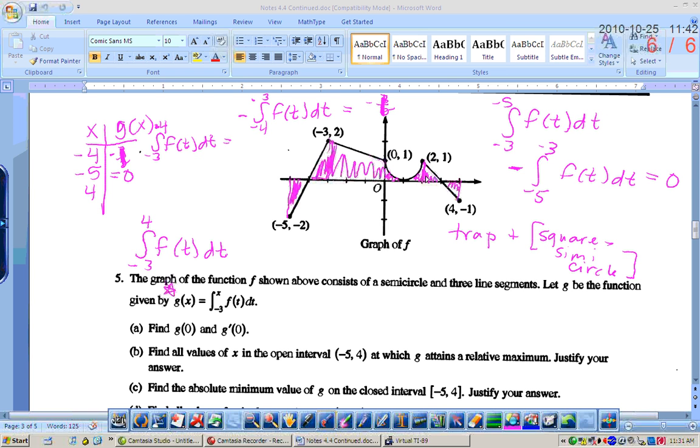I've seen a question where they assign points for showing the value of those endpoints. So at this point, I think you need to do it. Okay, so you're going to find the area of this trapezoid, then you're going to take the area of the square minus the semicircle, and then you've got a triangle, and then minus a triangle.